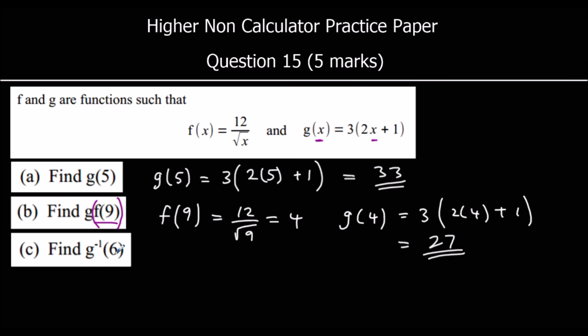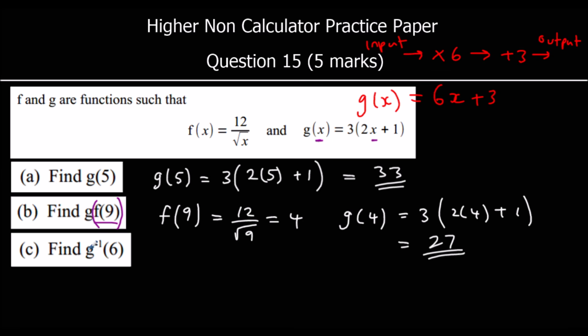So I could change g of x if I expanded this into 6x plus 3. So I could say my g function is times by 6 and then add on 3. So you get the input, you times it by 6, then you add on 3, and that gives you the output.